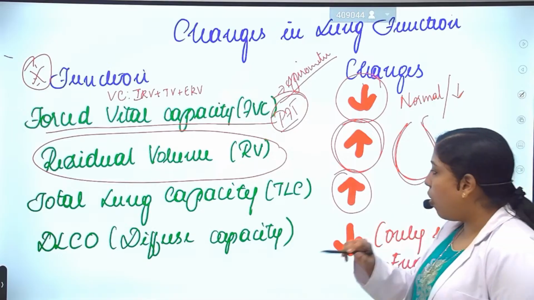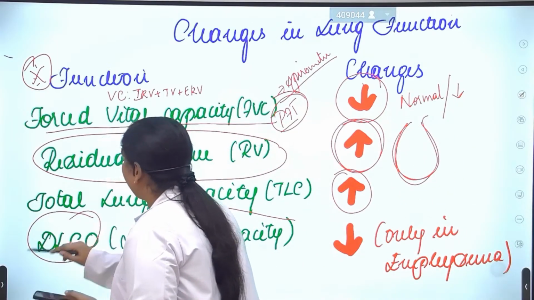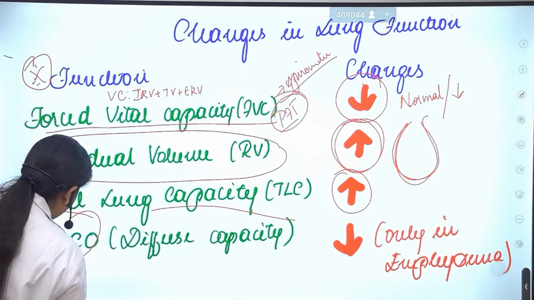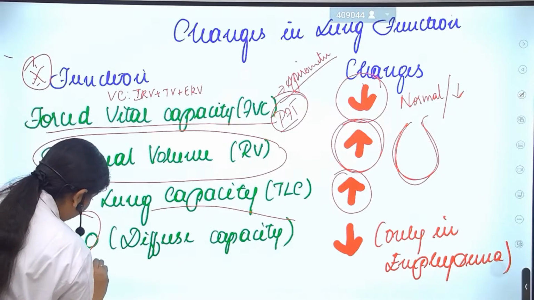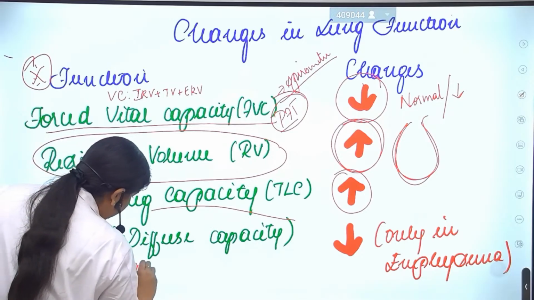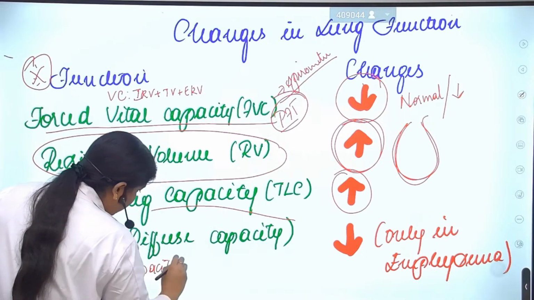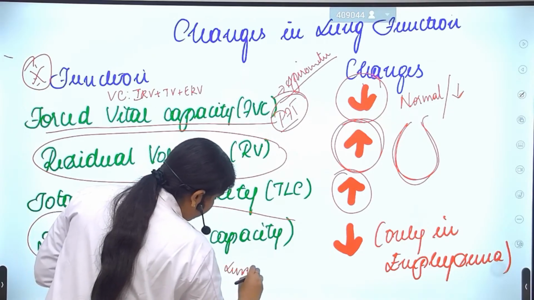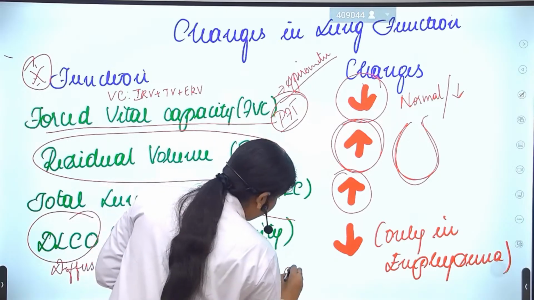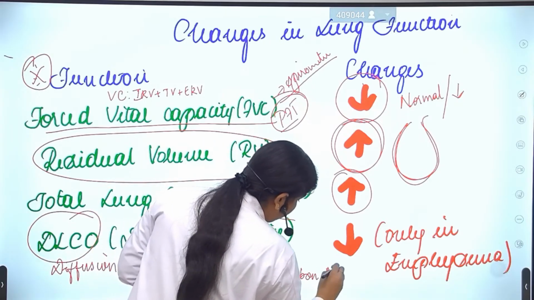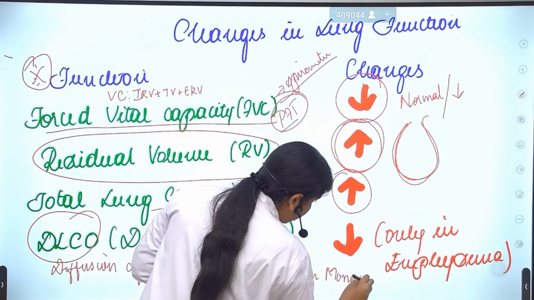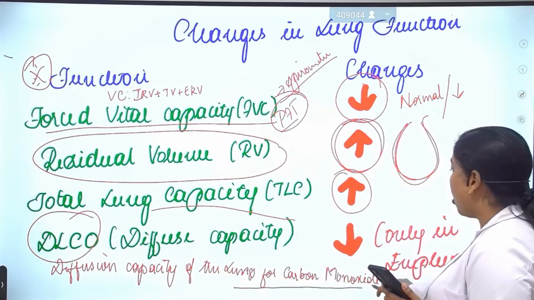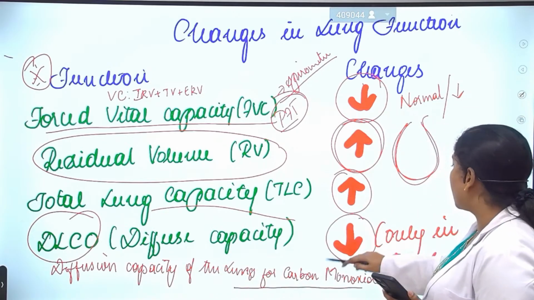So what about the diffusion capacity, your DLCO? DLCO is the diffusion capacity of the lungs for carbon monoxide, and it is decreased in case of your emphysema.